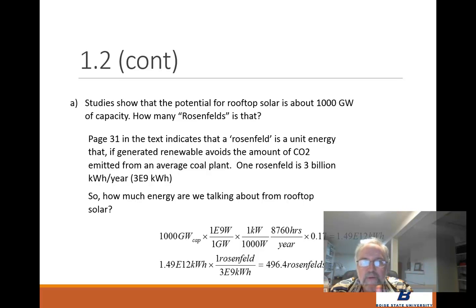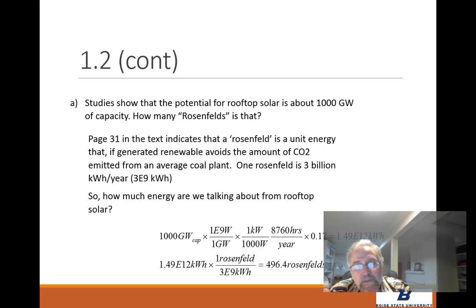Again, that's a big number, but the neat thing about this unit of the Rosenfeld is it lets you look at that number and get a sense of what that means. If you do this conversion, one Rosenfeld is 3 times 10 to the 9th kilowatt hours. That tells us that the full build out of solar rooftop is about 500 Rosenfelds.